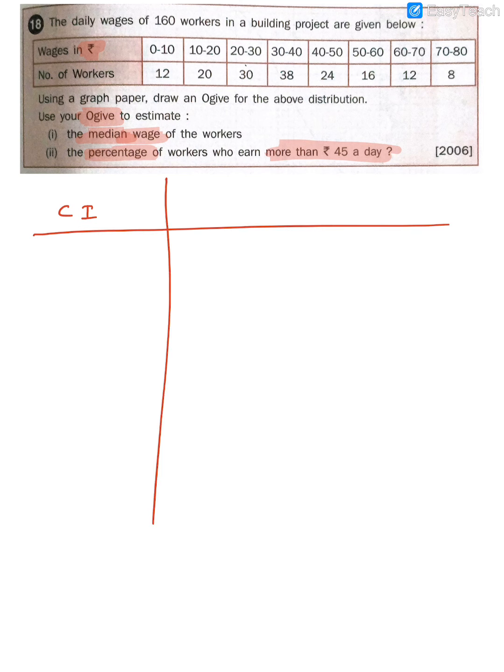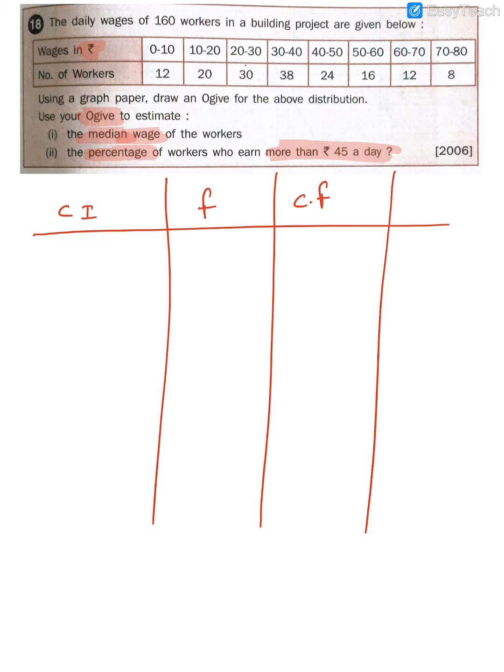So guys, out here first we'll make the table of class interval, frequency, all this data. So the first column is CI, the second column is frequency, the third column is CF. So unlike mean, here you do not have too much calculation but too much working, like remembering which term and then drawing the graph and all that.